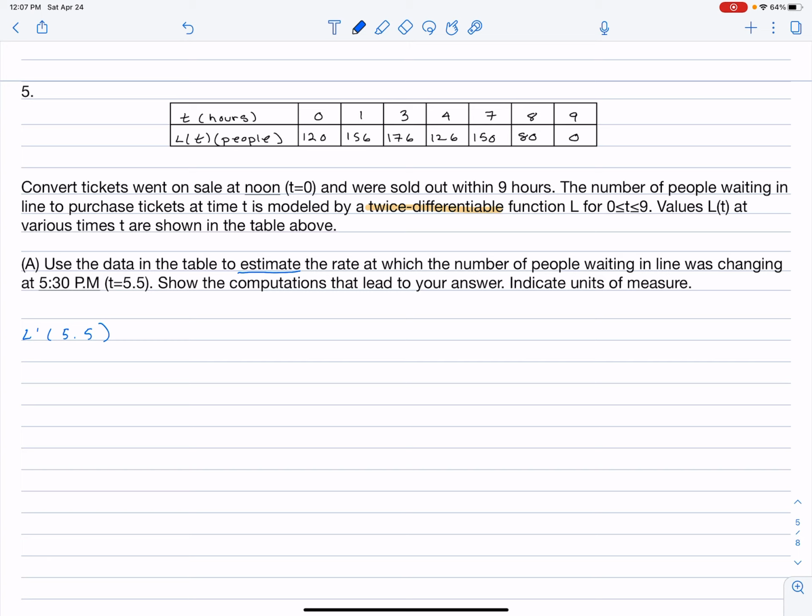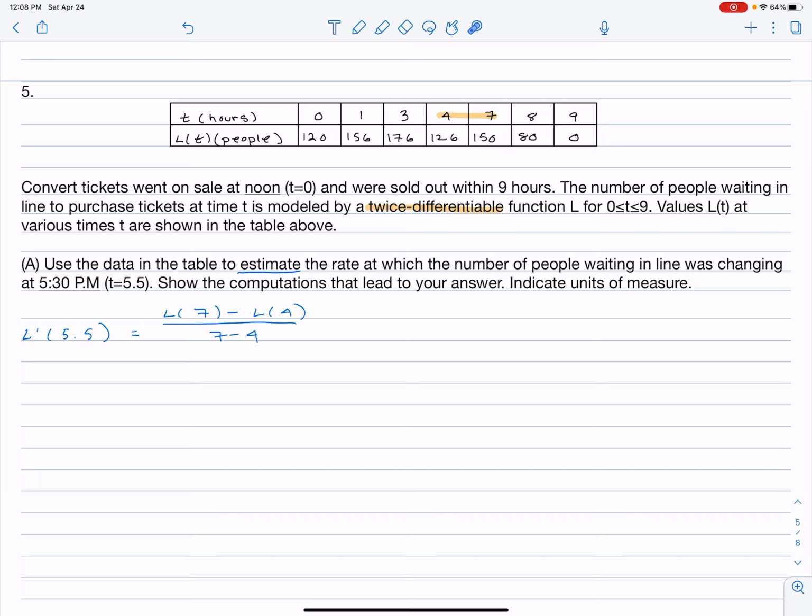Well, without a function, I can't give the exact value, but I can say, hey, 5.5 is somewhere between time 4 and time 7, right? So what if I find the slope of the line from time 4 to time 7, just writing this in slope-of-a-line form?